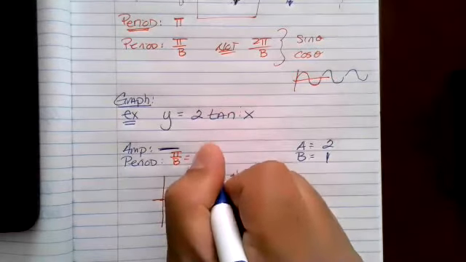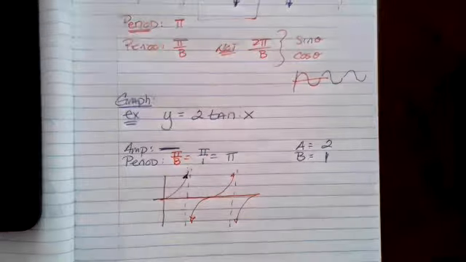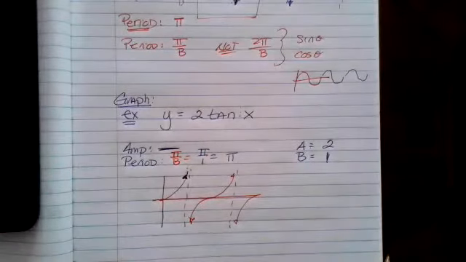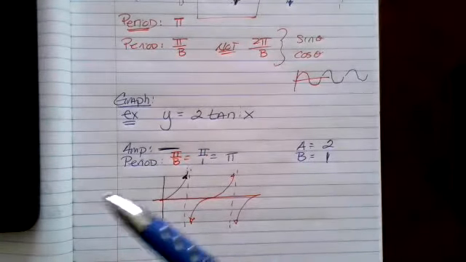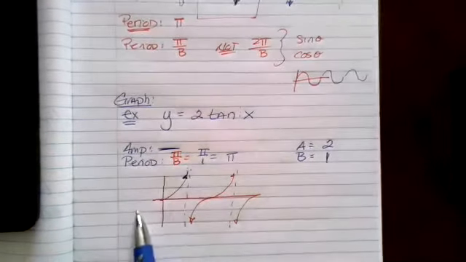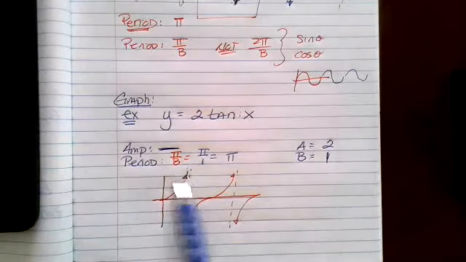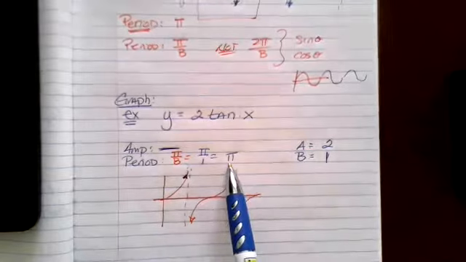So it's going to be pi over 1, which is pi. So I said when you graph a trig function, you want to state the amplitude, the period. I like to label a and b. We draw a basic curve, and now we label it. So the period is at pi.